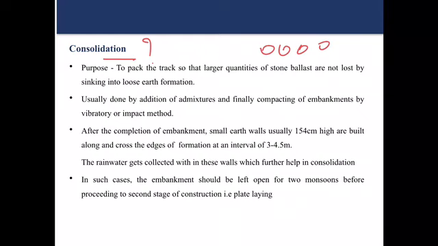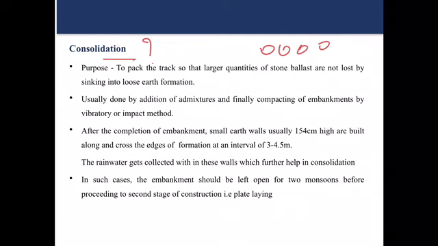The consolidation is usually done by the addition of admixtures and finally compacting the embankment by vibratory or any impact methods. The other alternative: after completion of the embankment, small earth walls, usually of 15 centimeter height, are built along and across the edge of the formation at an interval of 3 to 4.5 meter.